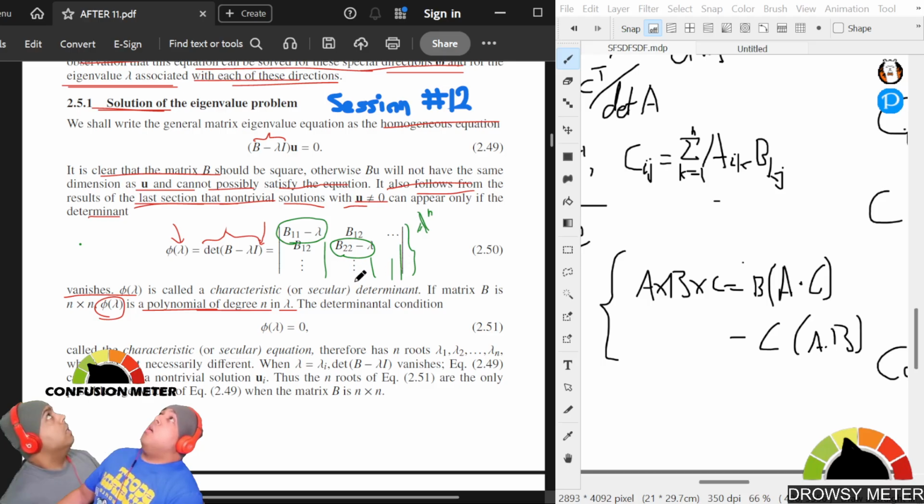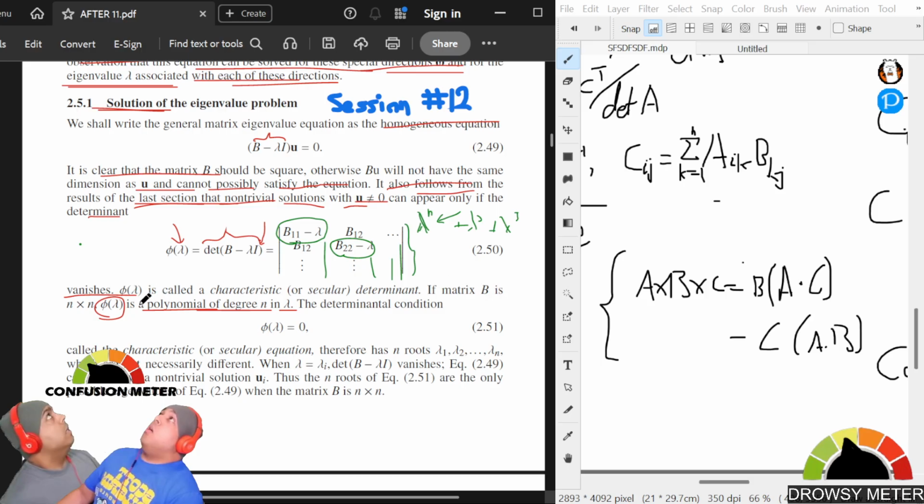Maybe you only get this. Maybe it's like lambda to the 3 plus lambda to the 5. I don't know. If I compute it, I can figure it out. But let's just keep going.